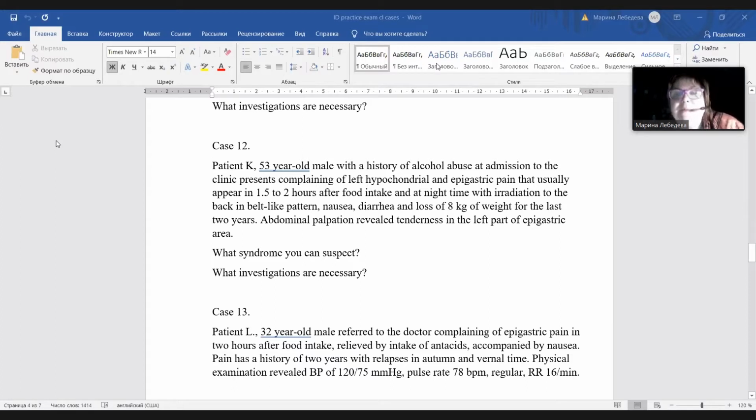In the complete blood count, we shall see not only the signs of acute inflammation, like leukocytosis and enlargement of ESR, but some other. For example, high level of MCV because of chronic alcoholism.